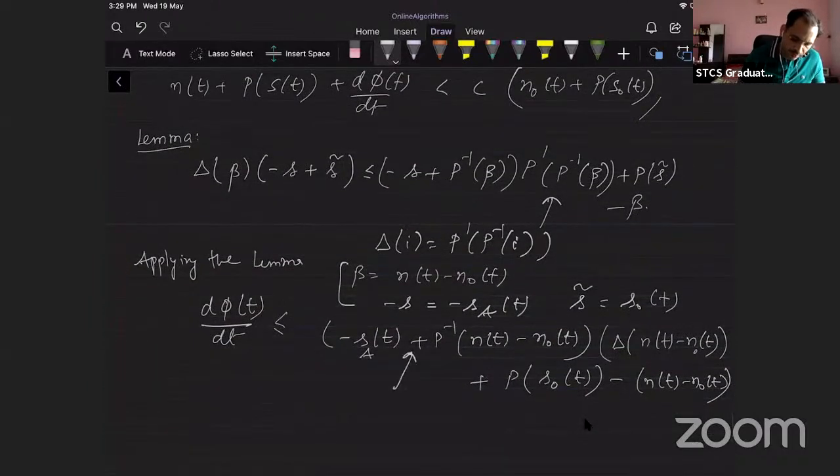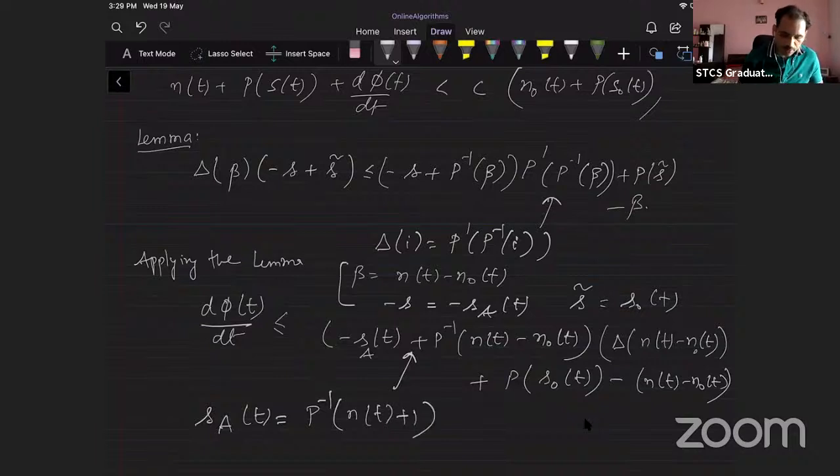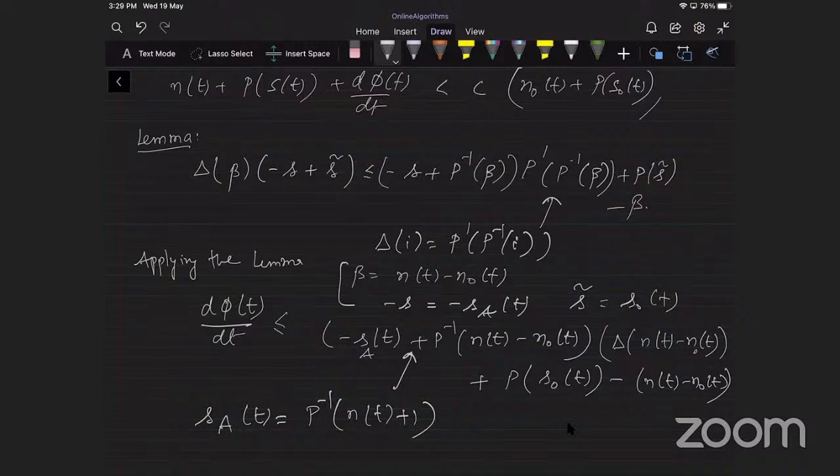Now can somebody comment? What is our choice of sa of t? P inverse of n t plus 1. So what is this sum? Can you upper bound this sum by minus sa t plus p inverse of n t minus n0 t? Guys, this is easy.